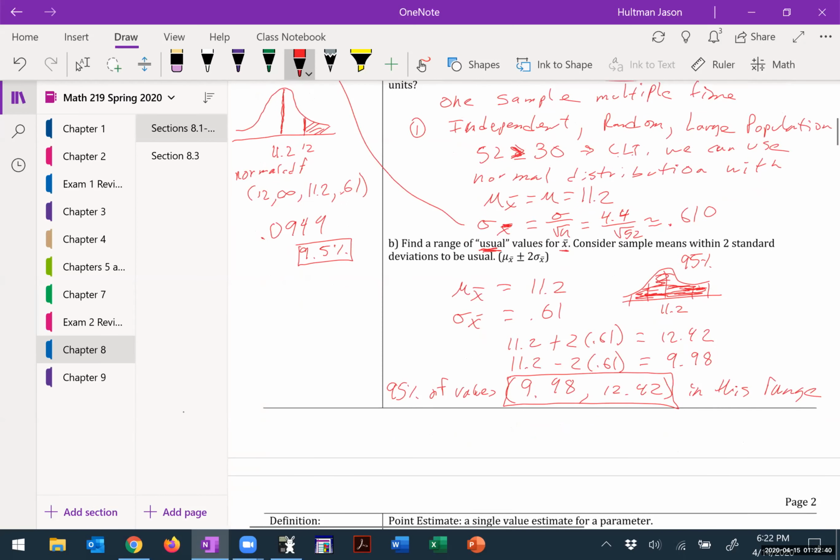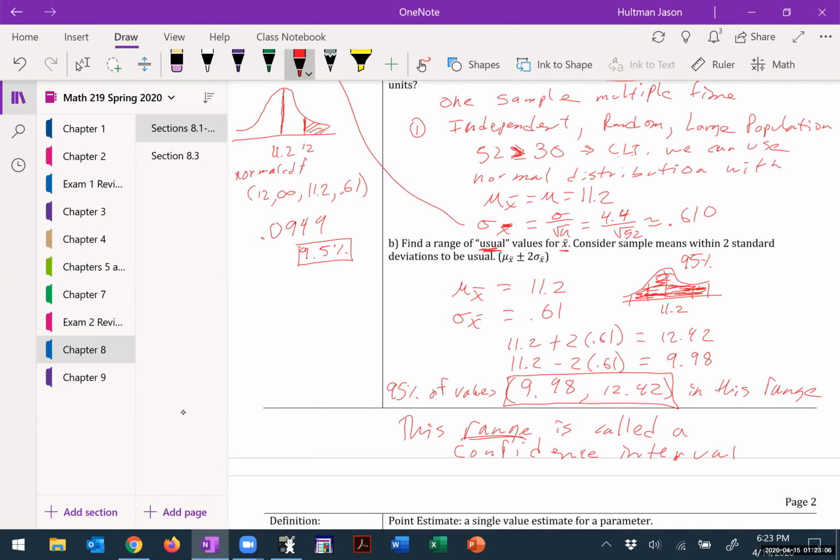Okay, and what we're going to see is that this range of values is called a confidence interval. We're going to talk about what it means to be a confidence interval. This range is called a confidence interval.